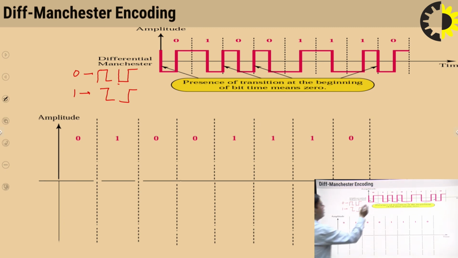Now, for example, first bit is 0. In case of 0, for example, we are starting from this, that is like this. Transition at the middle. Now for 1, in this case, if we are above the baseline, then simply start from there.